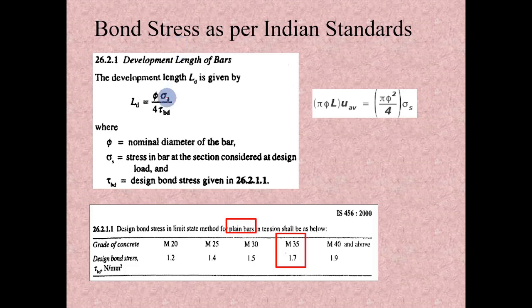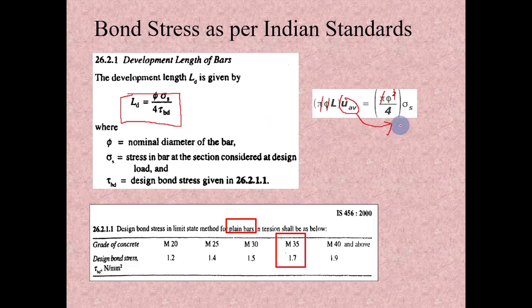If you check clause 26.2.1 in IS 456, you can find this equation to calculate the development length. This equation is just rearranging the equilibrium equation. Here pi is there on both sides, so you just cut the pi and the diameter of the bar, and if I rearrange these things, the average bond stress we have to take to this side.